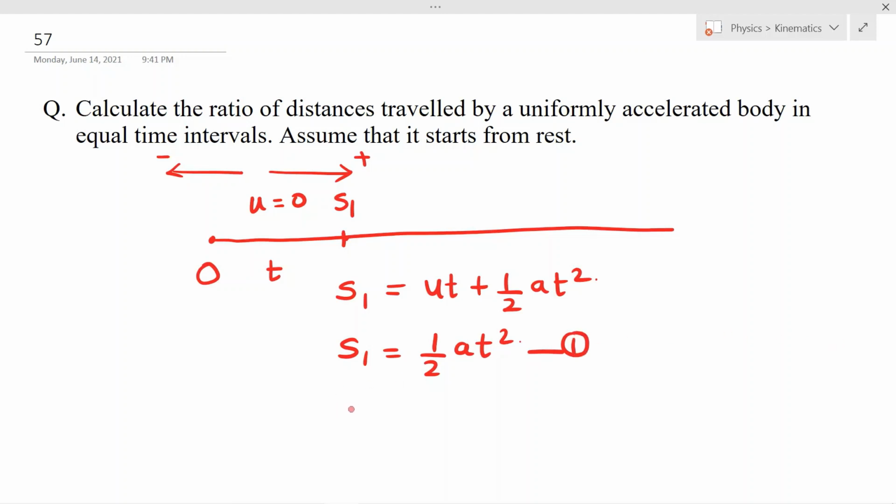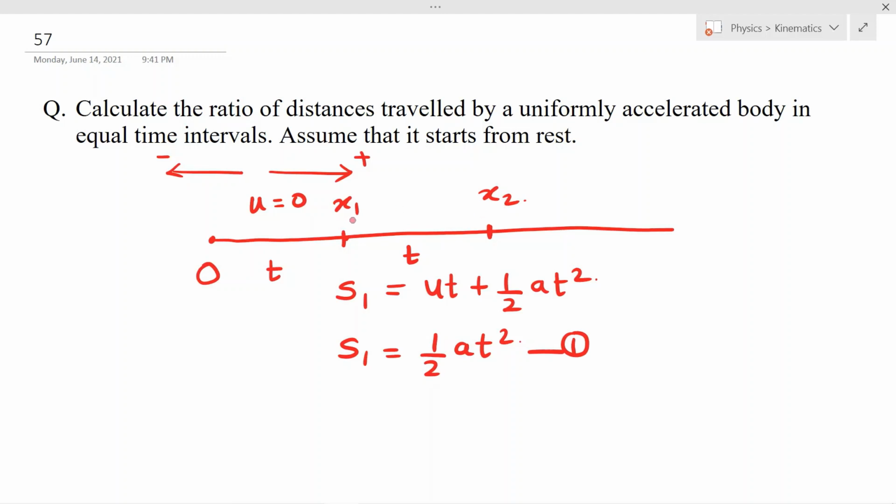So now let's say in same interval of time t it covers s2 distance, so this is s2 plus s1. Let's say its displacement is x2. Since we are using s for displacement, let's use x1 and x2, so this will be better.